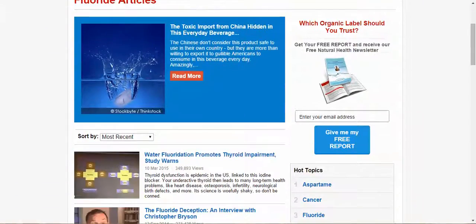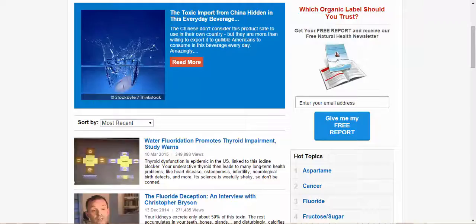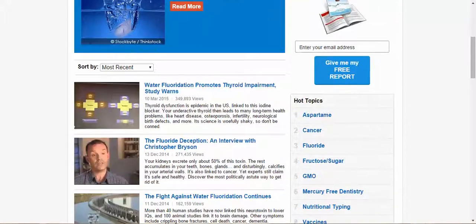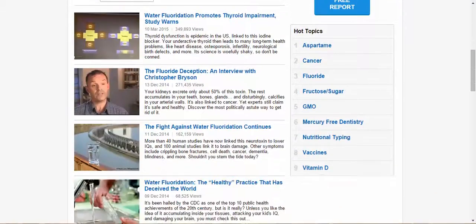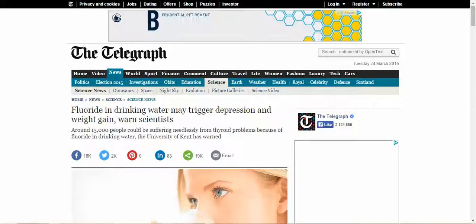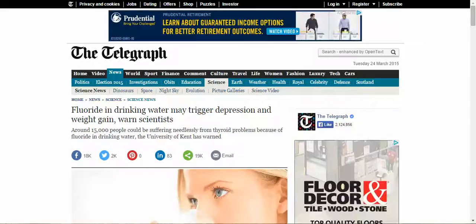But new studies warn that water fluoridation can promote thyroid impairment and other difficult things that can come about. Like the Telegraph said, fluoride in drinking water may trigger depression and weight gain.